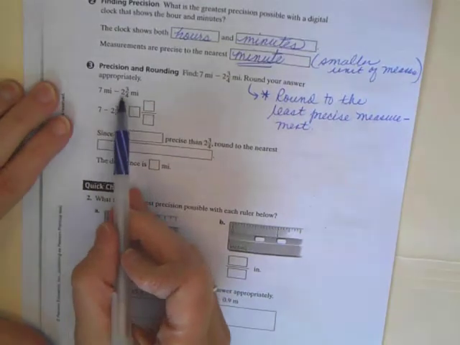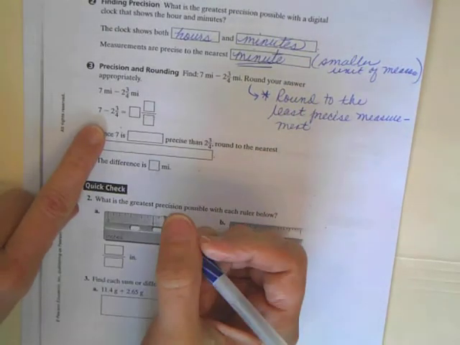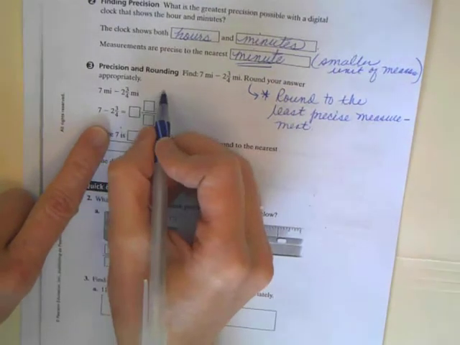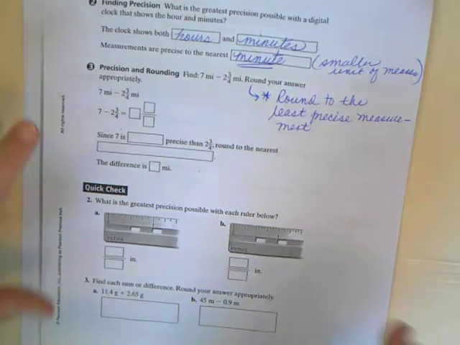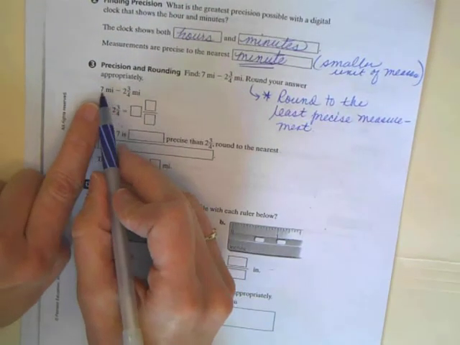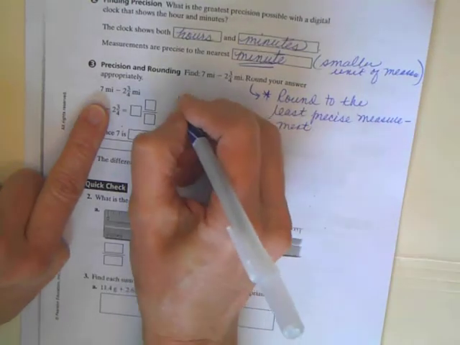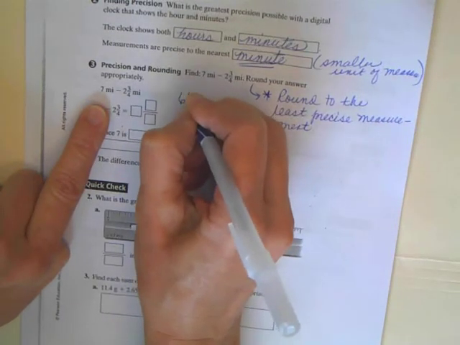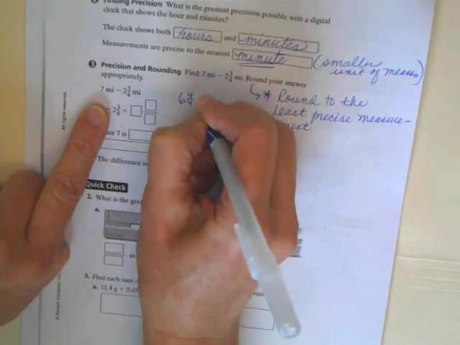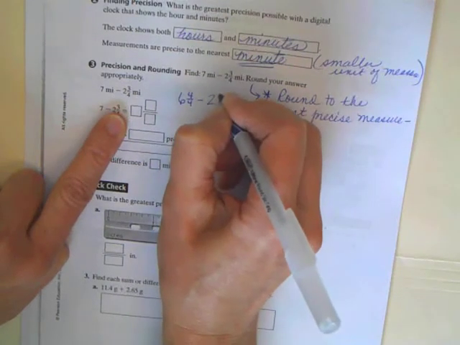So if I do 7 miles minus 2 3/4 miles, okay, I'm going to write out here because it's not giving us room to do that. Because I'm subtracting a whole number minus a mixed number, I'm going to rename 7 as 6 4/4 minus 2 3/4.